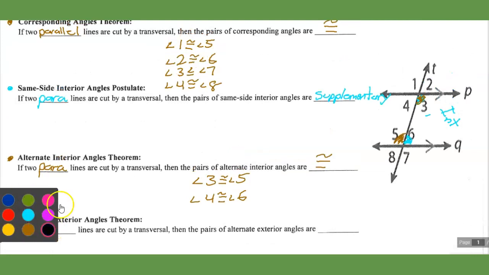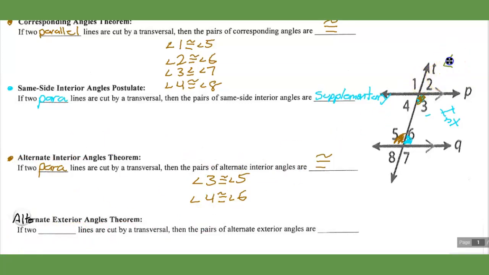Okay, we have one more here. That would be alternate exterior angles. So on the outside, the exterior, on either side of the transversal. So we're talking about 8 and 2. You can see those are both acute angles.